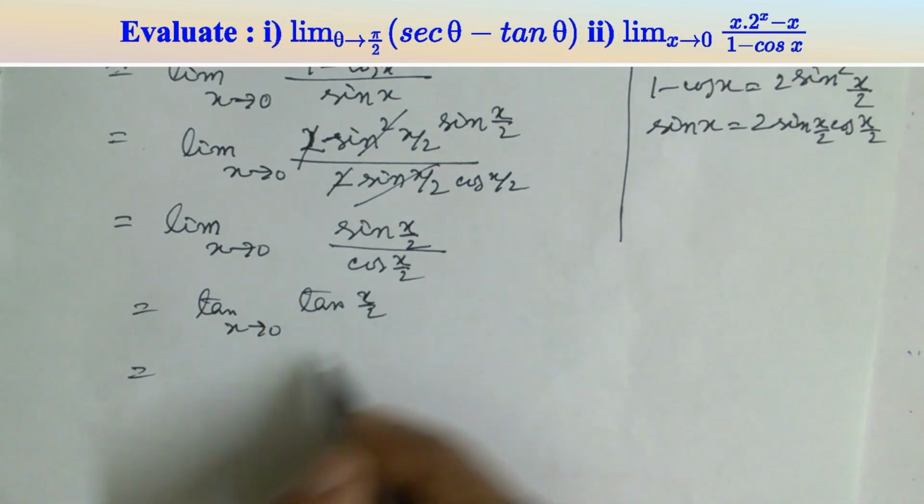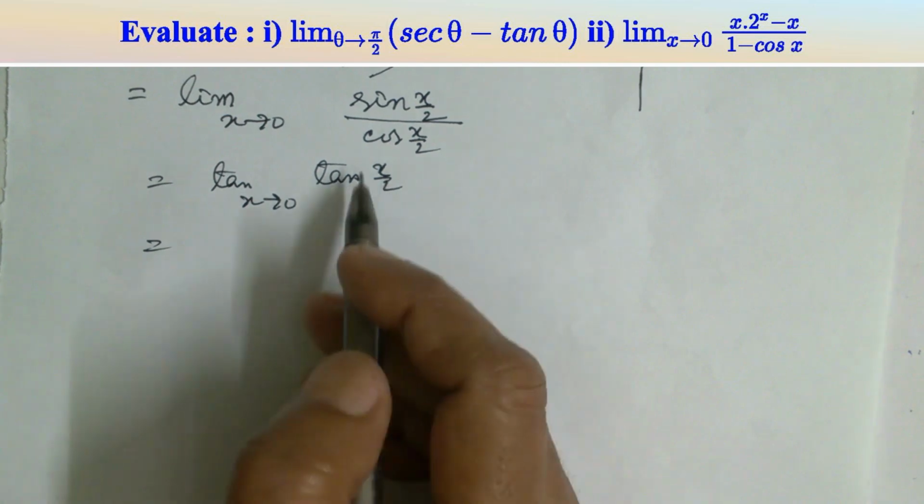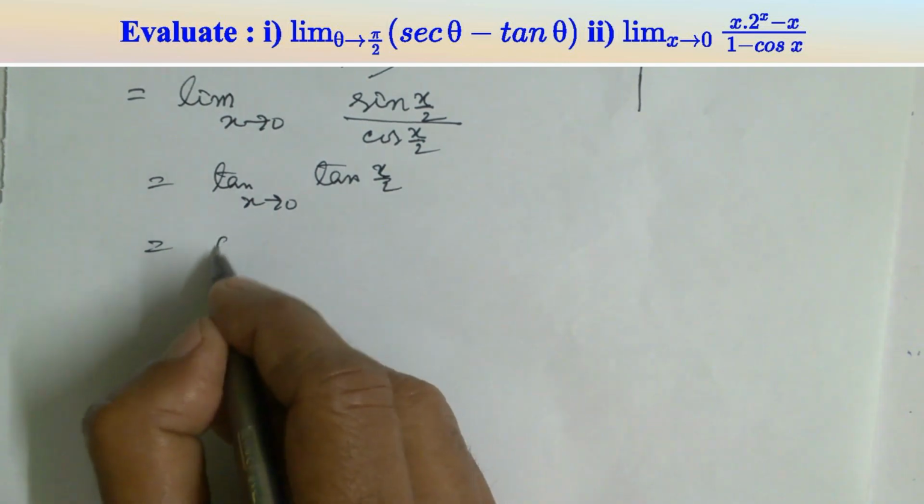Now if we put x is equal to 0, the value is tan 0 by 2, tan 0, that is equal to 0.